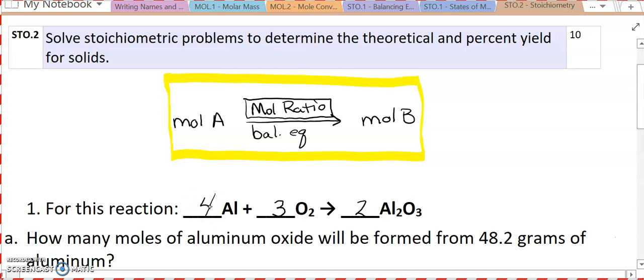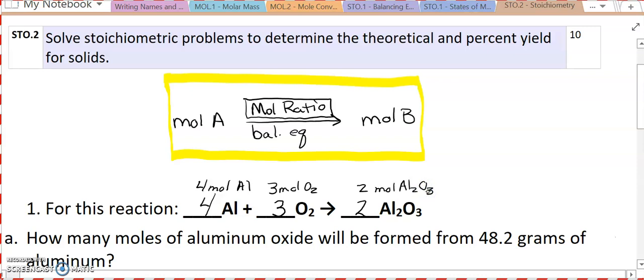But the units that we assign to this are moles. So this literally is going to be 4 moles of aluminum reacting with 3 moles of oxygen, and it's going to produce 2 moles of aluminum oxide.